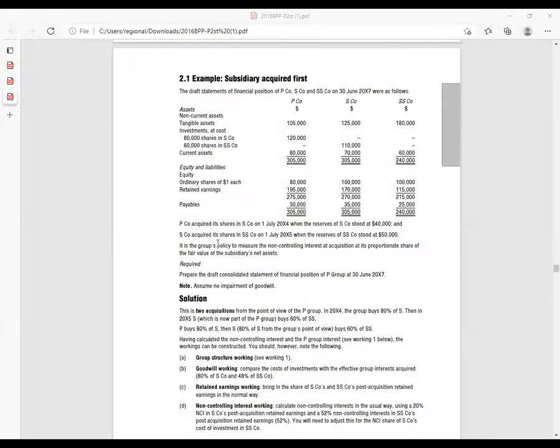So what were the percentages? The percentages are given here. They're telling us that P company acquired its shares in S company. How many shares did P acquire? We are told P acquired 80,000 shares in S company. I want to get the percentage shareholding.